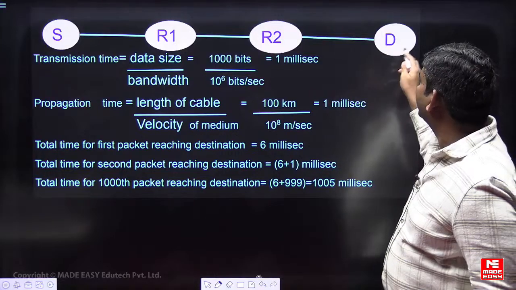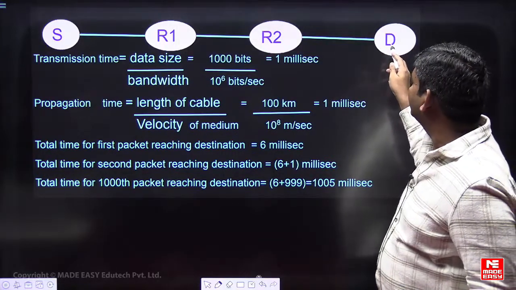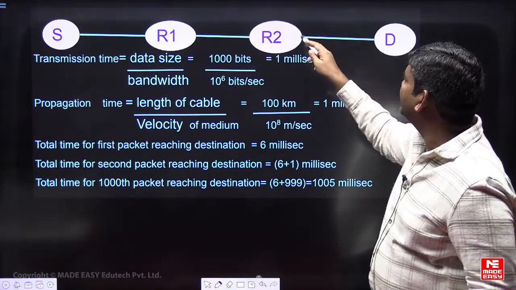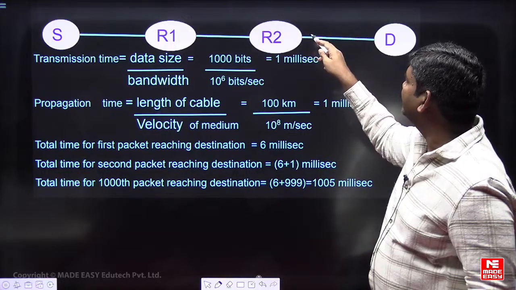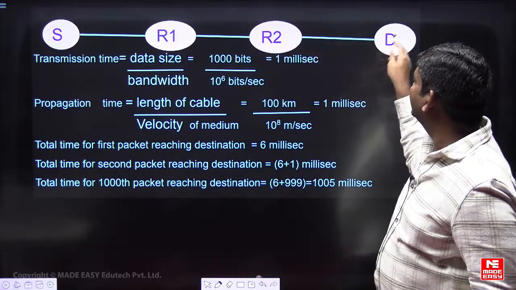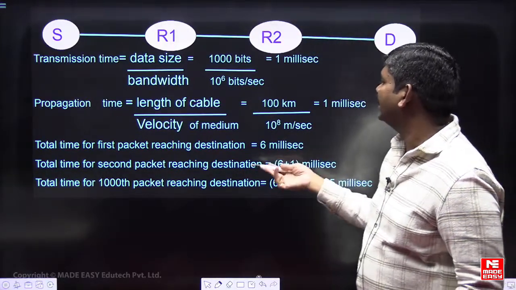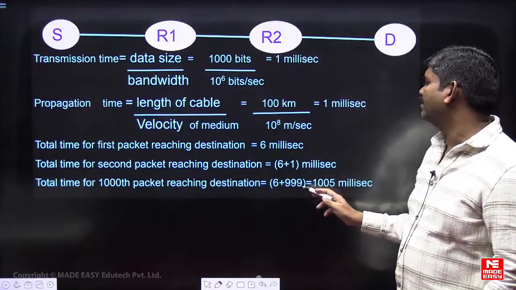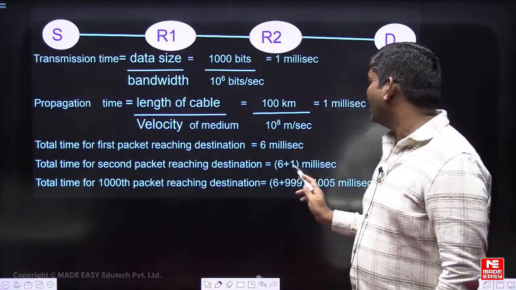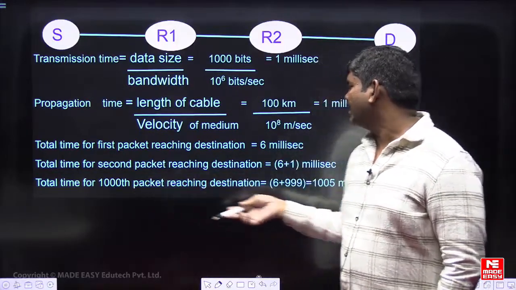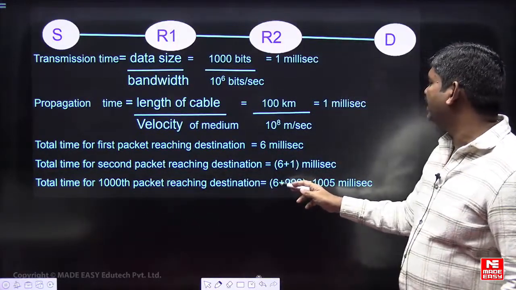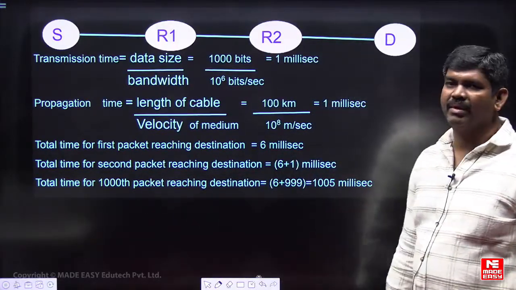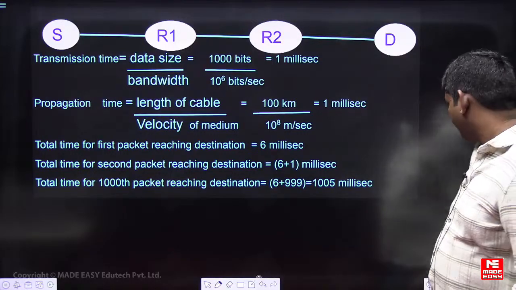Because when the first packet reaches here in the 6th millisecond, at the same time the second packet is here, so it will reach in the next 1 millisecond. For the 1000th packet to reach here, it will be 6 plus 999, because for the second packet you add 1, so for the 1000th packet you add 999 to the first packet. So the answer is 1005.